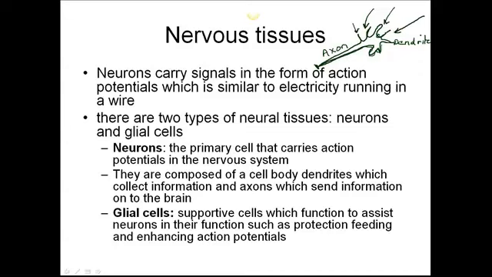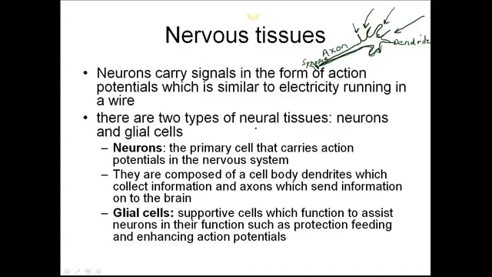It's like an electrical current, and it flows only in one direction from dendrites to axon. And then this will make a connection, or a synapse, to another nerve cell, or up to the brain, to another nerve cell.